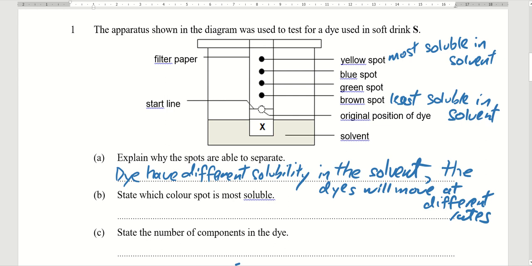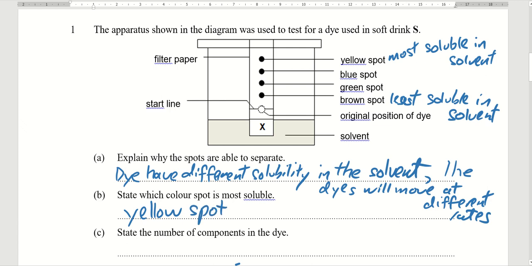That is why the dyes are able to separate. The most soluble one will travel the furthest, while the least soluble one will travel the least. Which color spot is the most soluble? I already gave it there. The answer is the yellow spot.